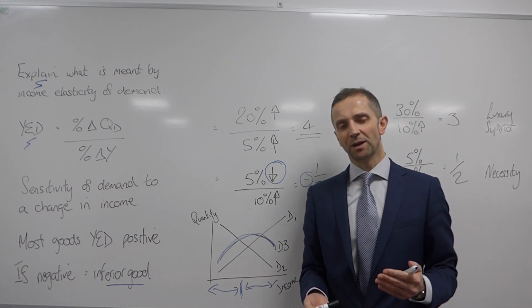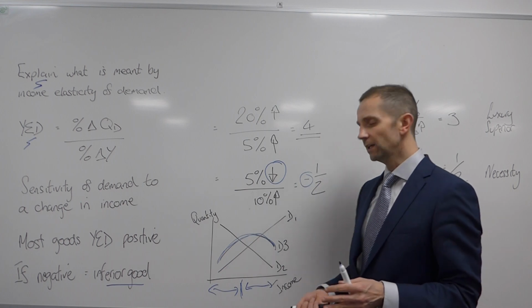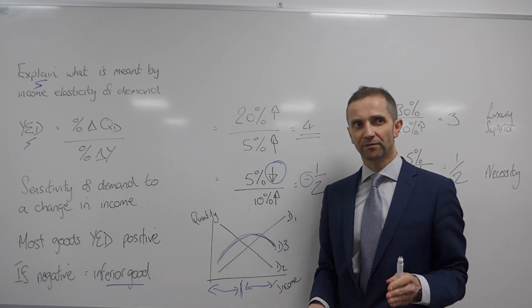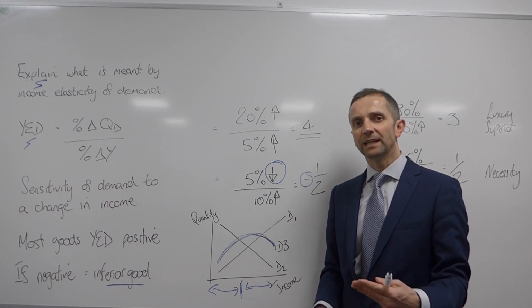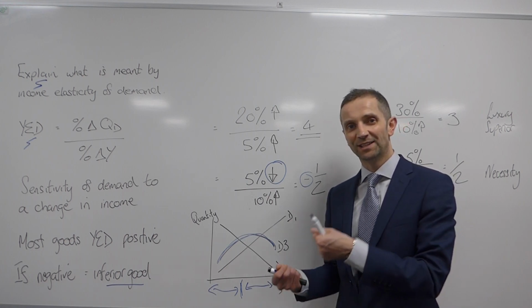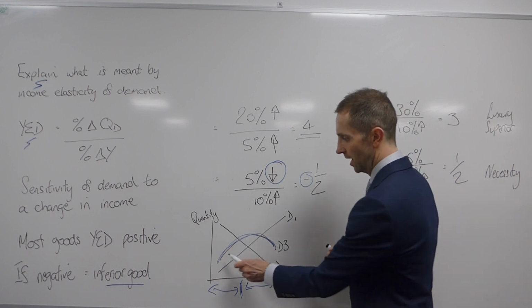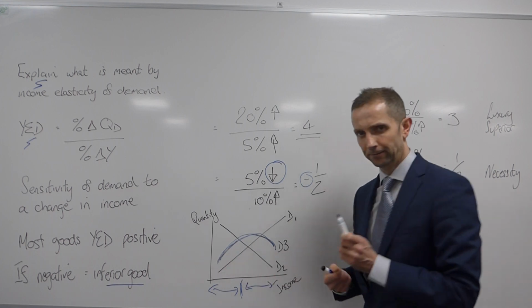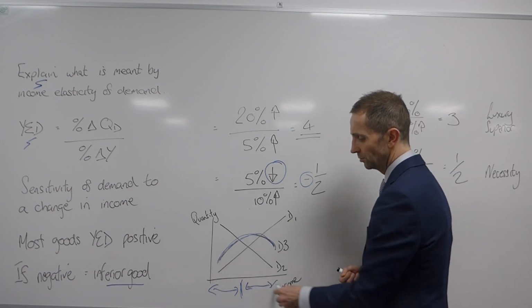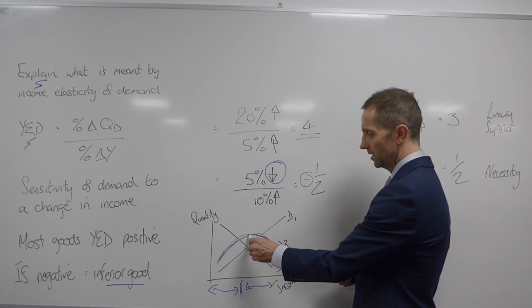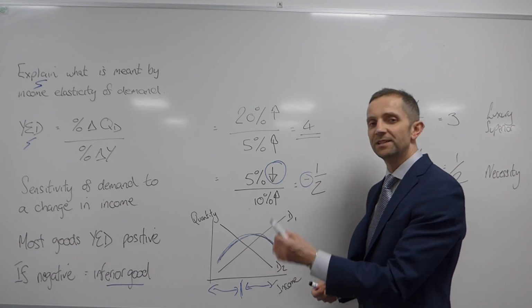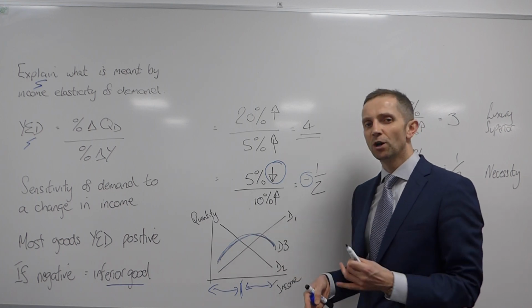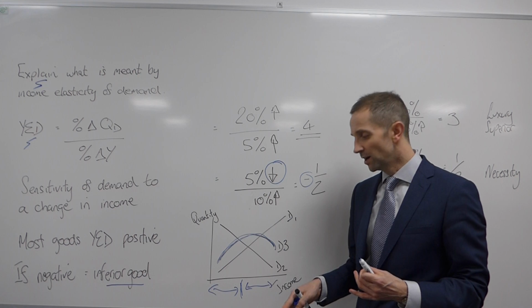Think, for example, of bread. If you are in relative poverty and you get an increase in income, it's probably the case that you'll want to buy more of that essential necessity good, so you would be in this area here. However, as your income grows, you might find that even though you get an increase in income, the demand for bread might not increase at all. In fact, it might fall.